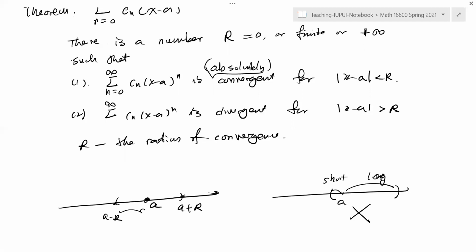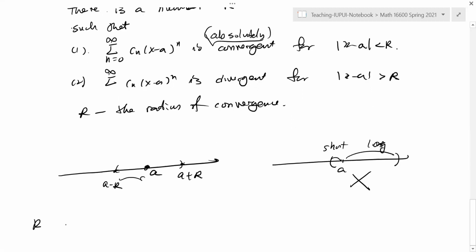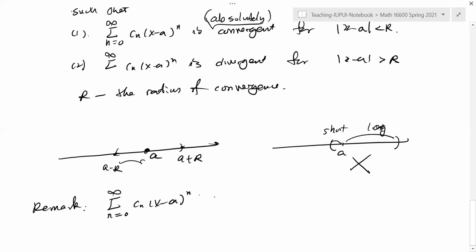I didn't say anything about that. So here's my remark. At the endpoints it could be divergent, it could be convergent. It cannot be determined in general. It's case by case.